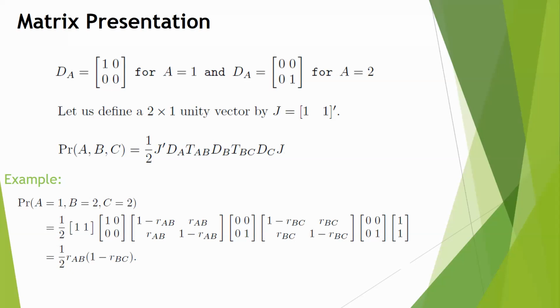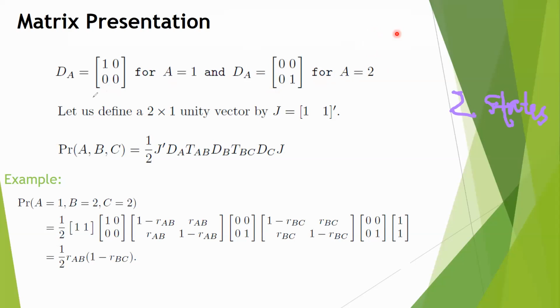So this slide shows the matrix representation of the same situation. Since this is a backcross design, we only have 2 possible states, 2 possible genotypes for each locus.